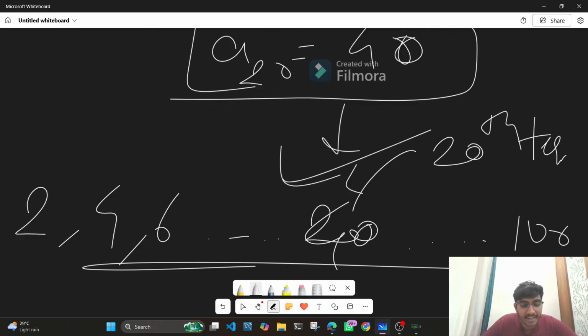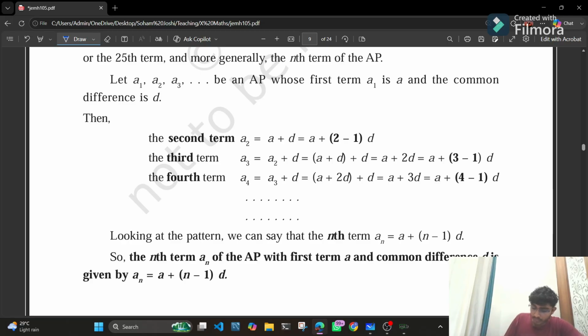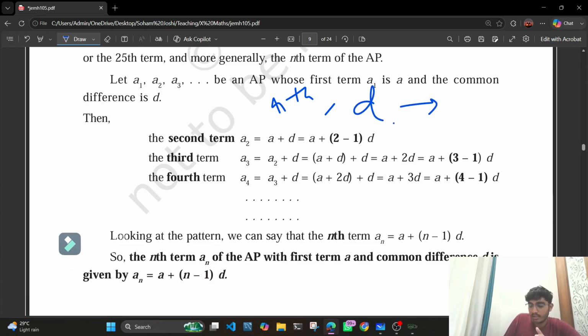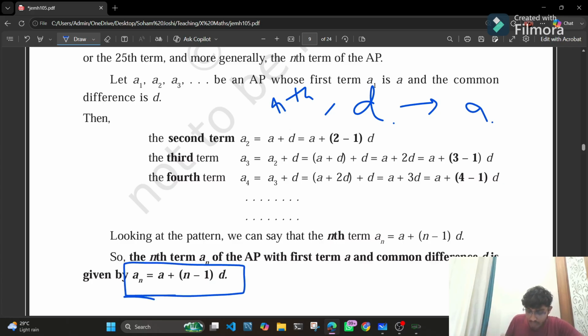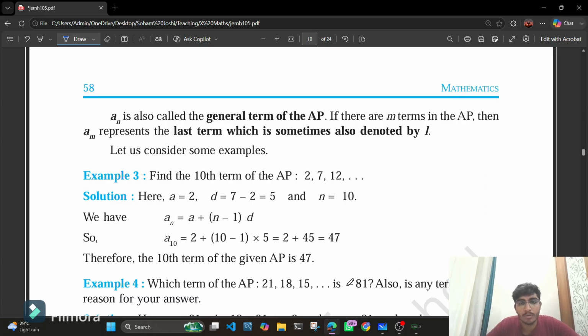So therefore, you can find out the nth term of any AP. Sometimes in the question, you will be given the nth term, you will be given the common difference, and then you need to find the first term of the AP. No need to worry. You can just substitute all the given data in this formula, and whatever the missing data is, you can get it from there. So I hope that's clear, and therefore we can move further.